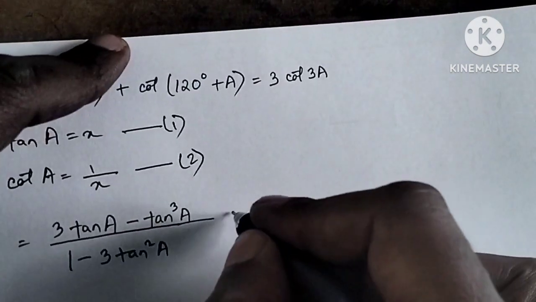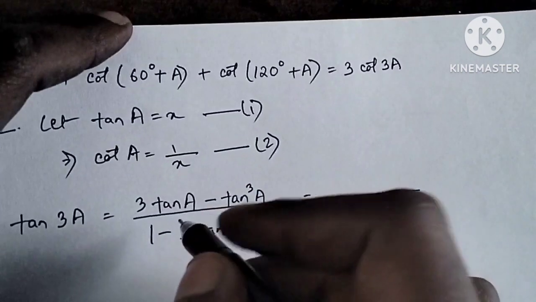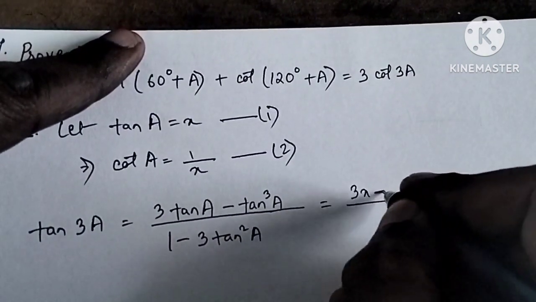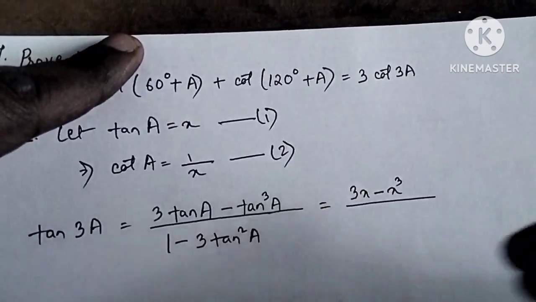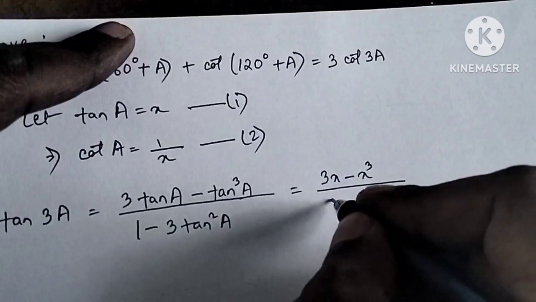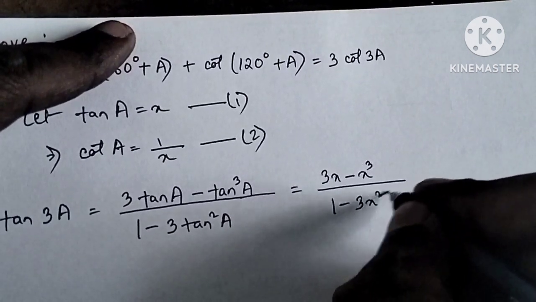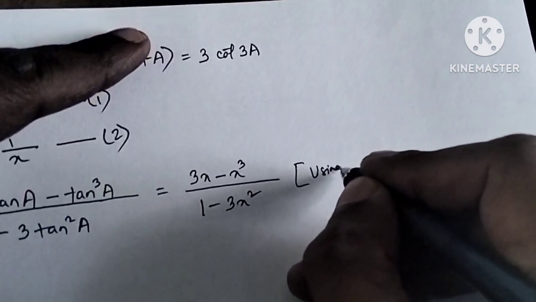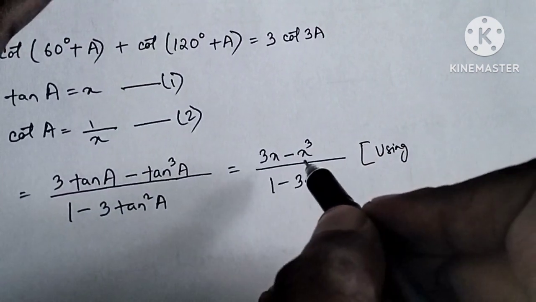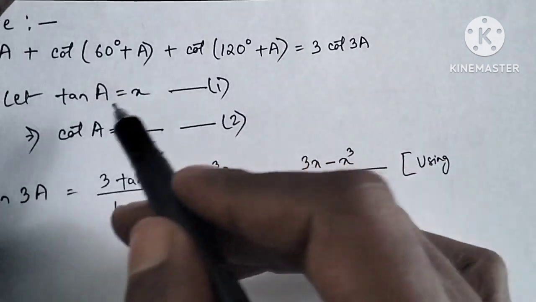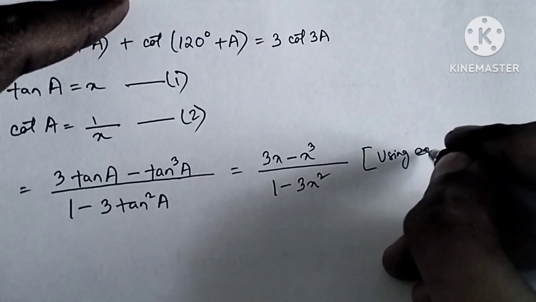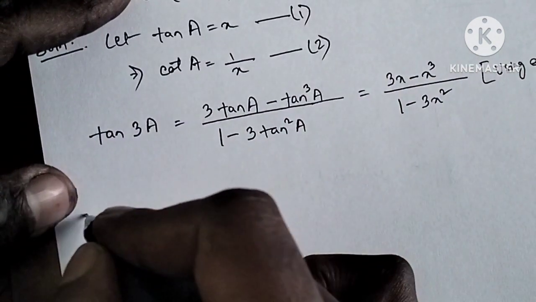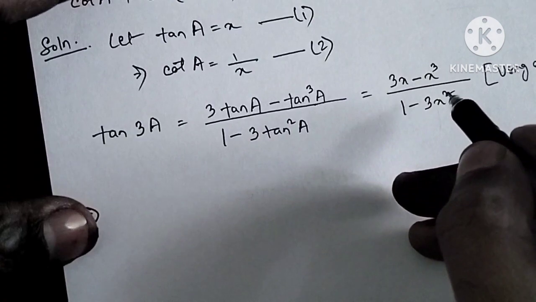So this tan A is x, so 3x minus x cube, and 1 minus 3x square. Here we got this value x using equation 1. So tan 3A is this one.